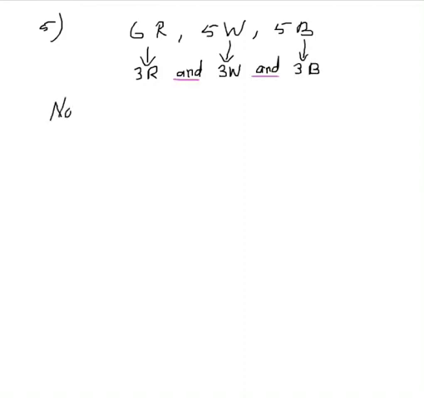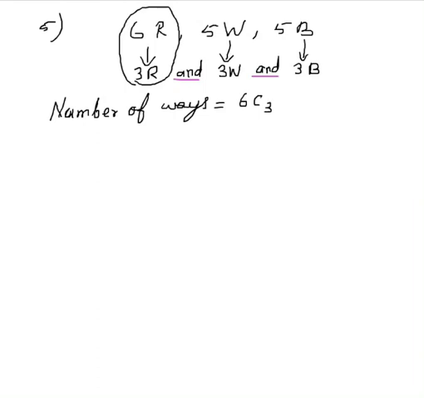So total number of ways is equal to now 3 red balls out of 6 red balls can be selected in 6C3 ways, and so we need to multiply. 3 white balls out of 5 white balls can be selected in 5C3 ways, and similarly 3 blue balls out of 5 blue balls can be selected in 5C3 ways.